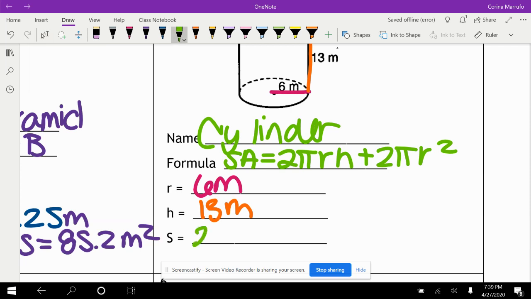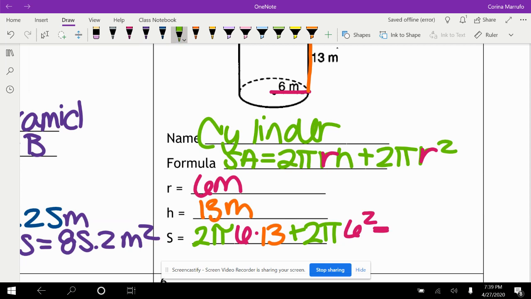So we have 2 pi, and then we know our radius here is 6 times our height, which is 13, plus 2 pi, and then our radius is squared. So our radius here is 6. So we're going to do 6 squared.